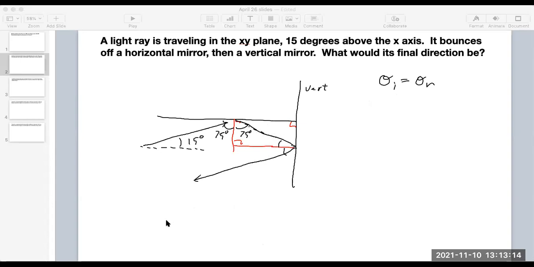We need to have 15 degrees here. And angle in, angle out, 15 degrees here. So we end up 15 degrees below the minus x-axis, if you want to describe it that way, or at 195 degrees, or however you want to describe that angle.